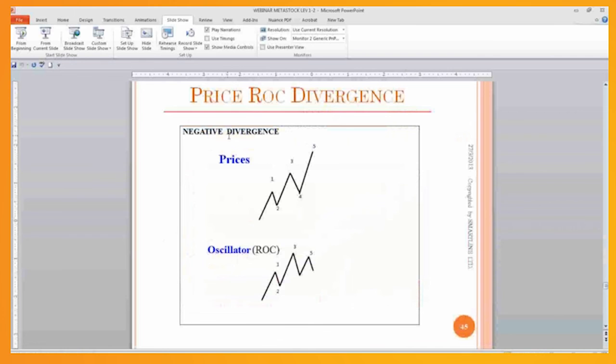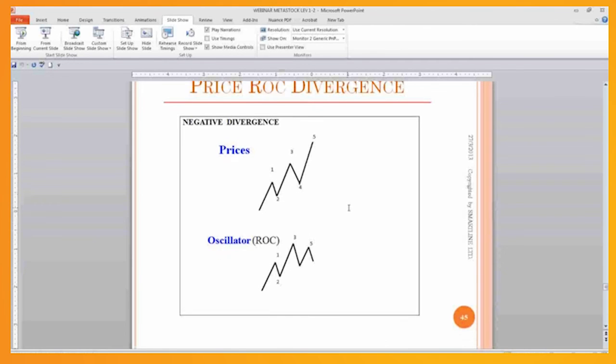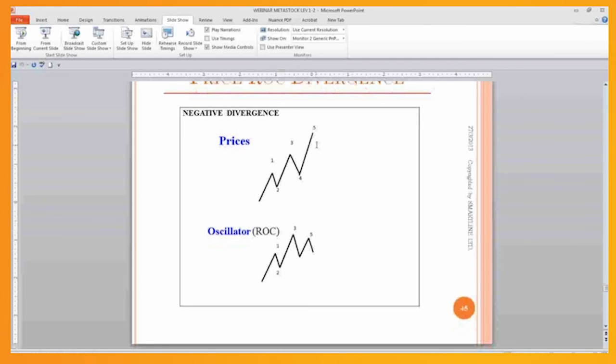We have negative divergence if the prices are still going up and the oscillator fails to follow the tops of the prices. That means the oscillator shows lower tops and the prices are still going higher. This is the negative divergence, meaning that the prices will go to the failure swing for down.